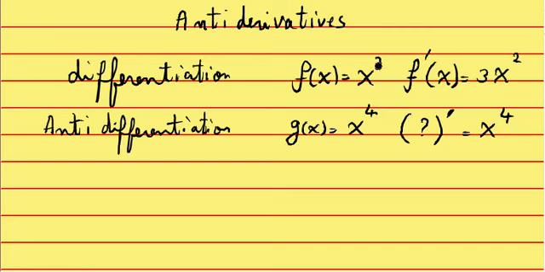Well, when you are differentiating a function, you learn that the exponent is reduced by 1 and the exponent becomes a multiple in front of the term you had. So we have to undo these two steps. The original function has to have a power that is 1 higher than this.